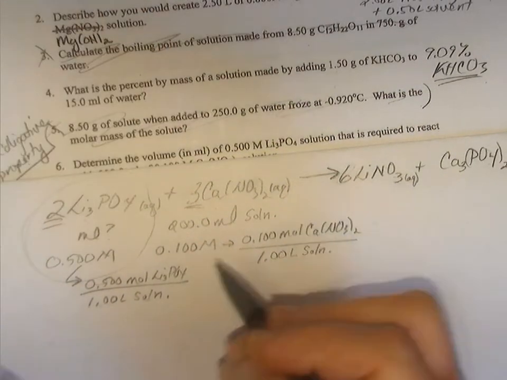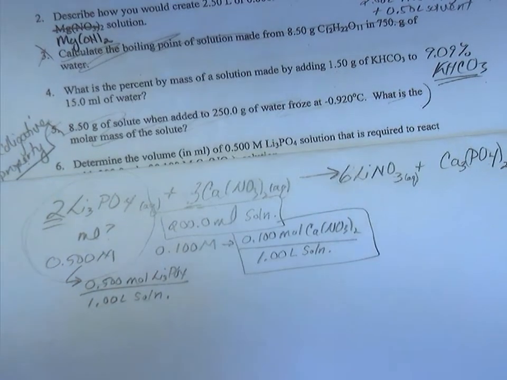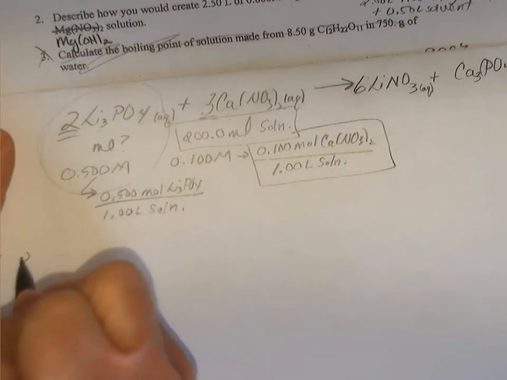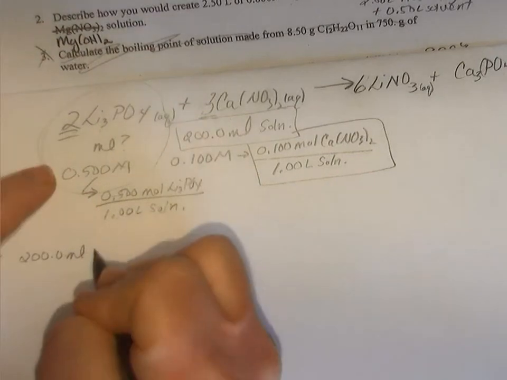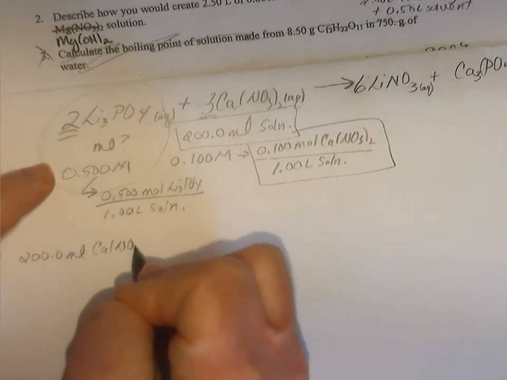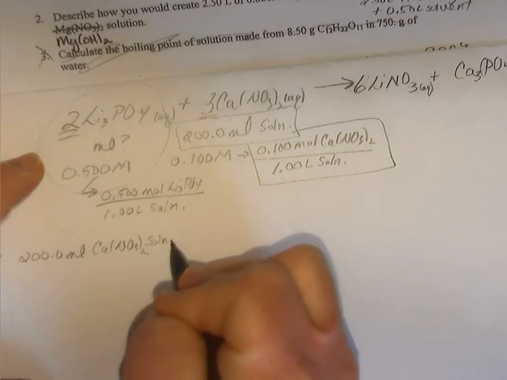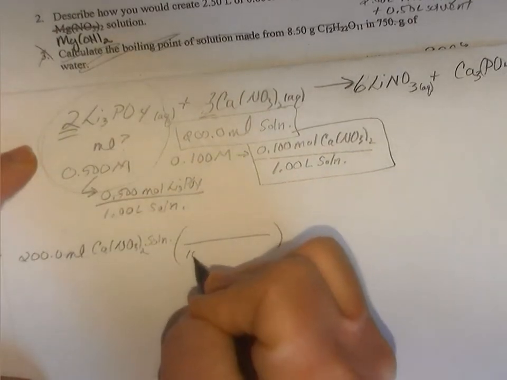And I have 2 givens. I'm going to start with my least complicated given. So, given 200 milliliters of the calcium nitrate solution, and you could put aq, but I'll go ahead and put solution there. All right, let the problem guide you. I do not want to be in terms of milliliters. So I'm going to cancel that first.